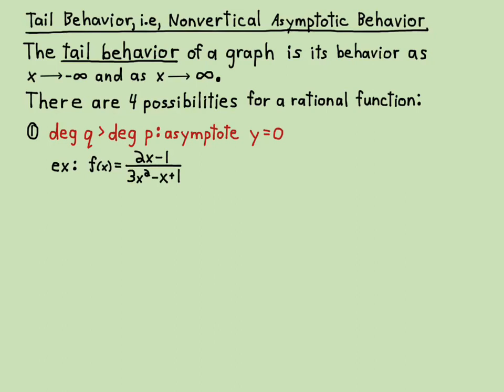That's because as you put in larger magnitude values of x, that x squared becomes big much faster than the x in the numerator does. So the denominator gets big much faster than the numerator does. So this is how it works.